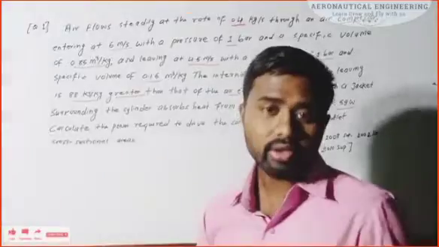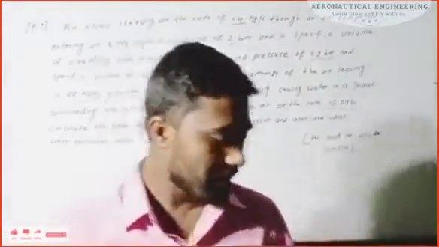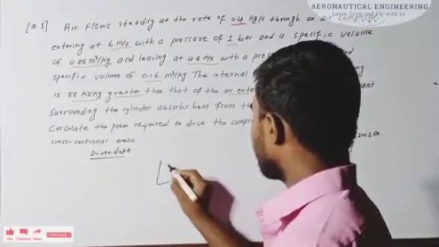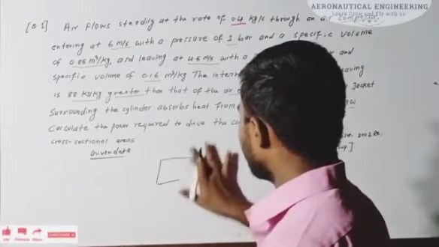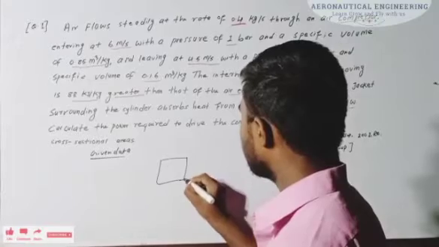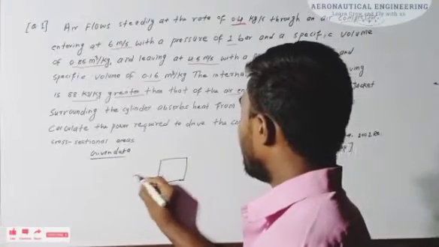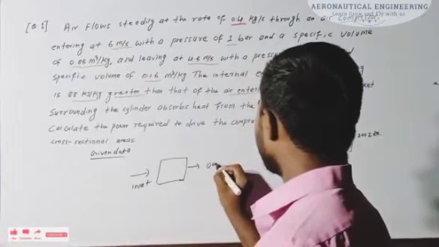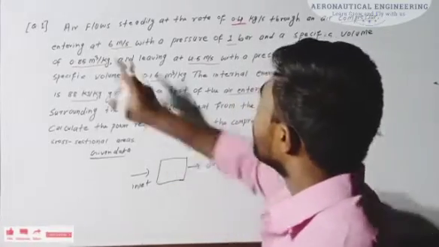Now first of all we are going to write the given data. Suppose this one is a compressor, this one is the inlet, and this one is the outlet.